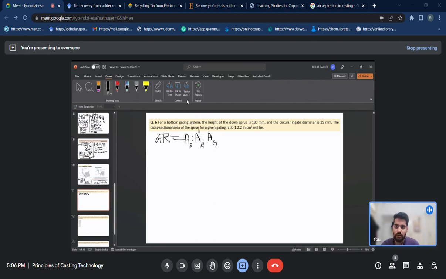So for a bottom gating system, the height of the down sprue is 180 mm and the circular ingate diameter is given. We need the cross-sectional area of the sprue for a given gating ratio.